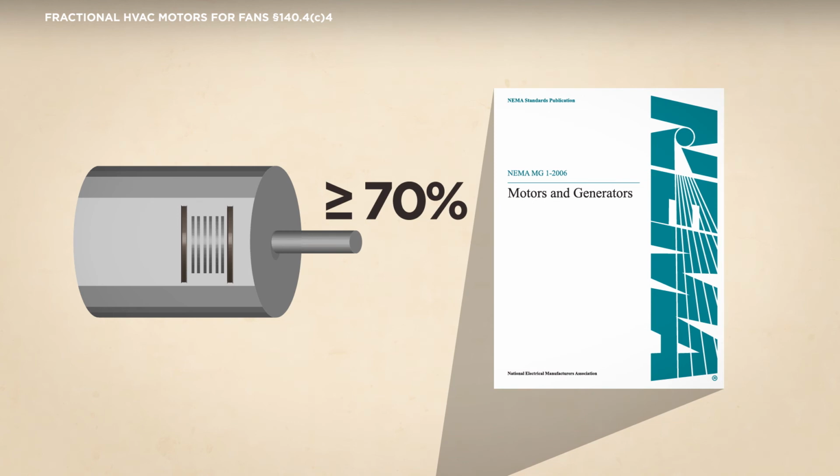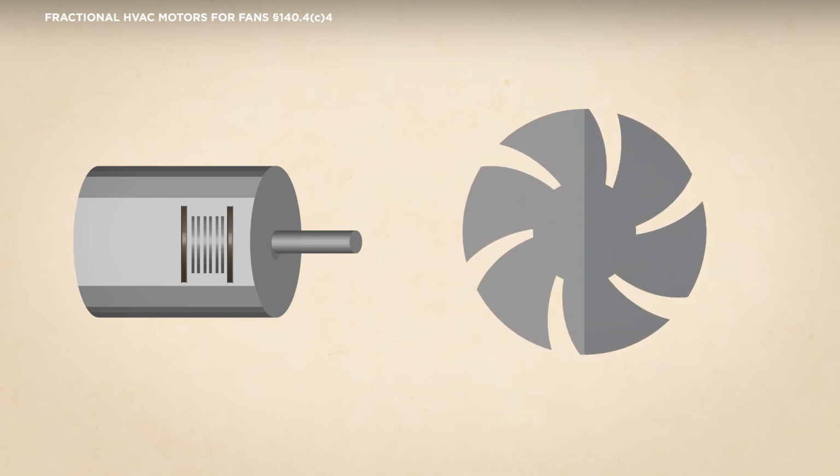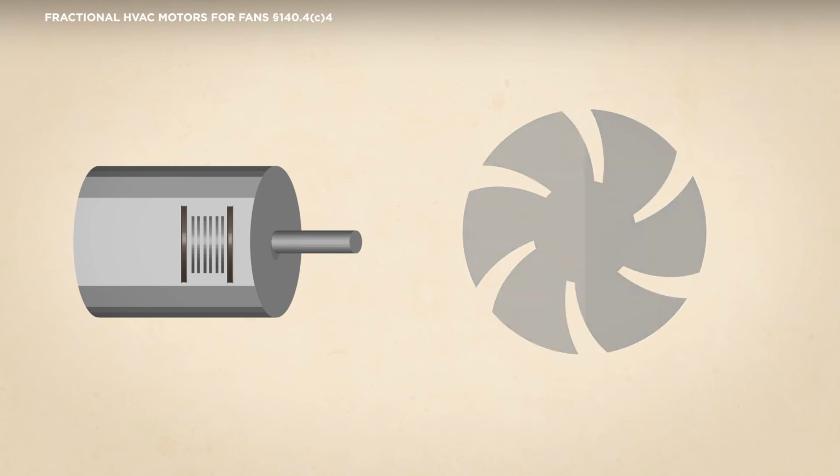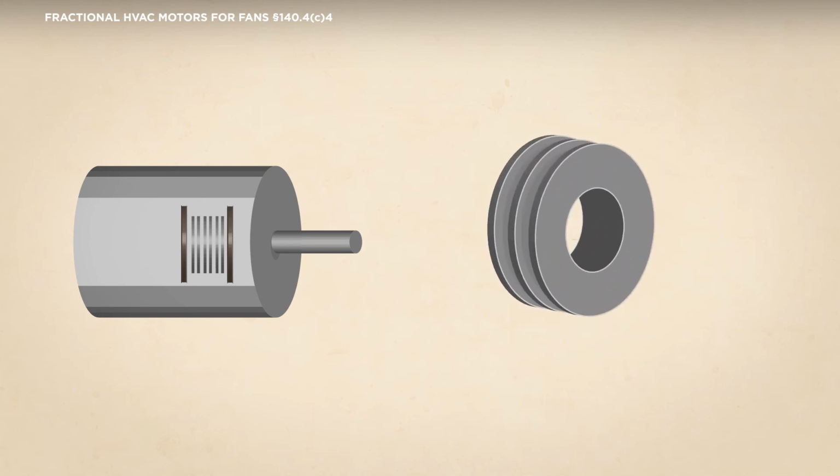Motor efficiency is rated at full load conditions according to the National Electrical Manufacturers Association, or NEMA, Standard MG1 2006. 2. The ability to adjust motor speed for airflow balancing or remote control. Belt-driven fans can use sheave adjustments for airflow balancing instead of a varying motor speed.